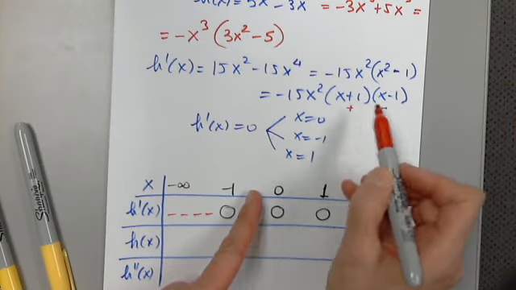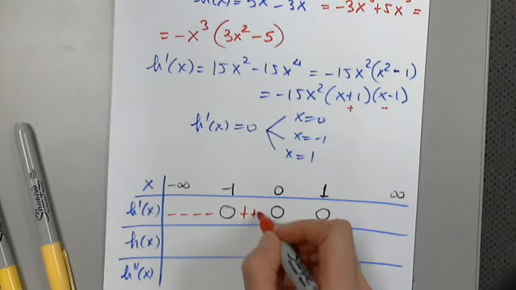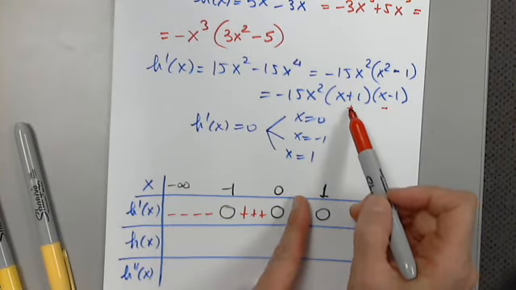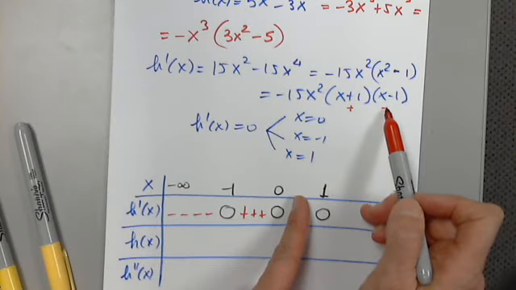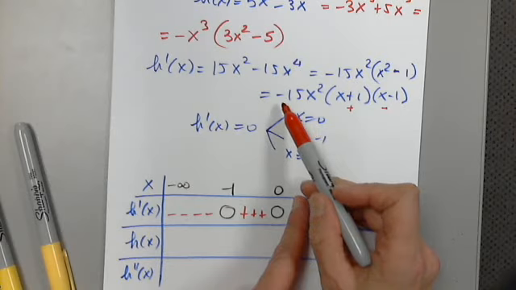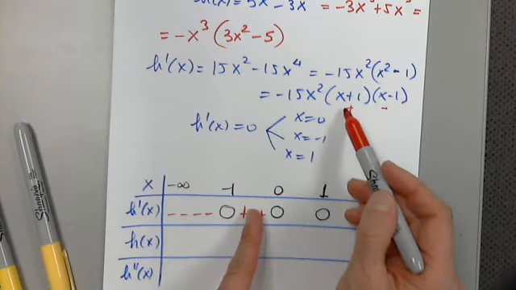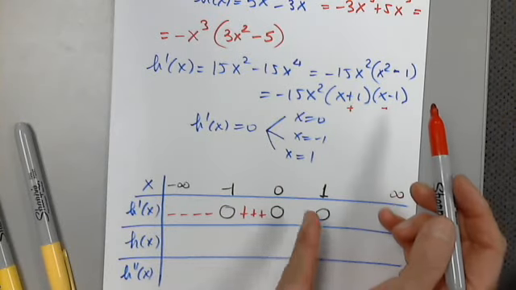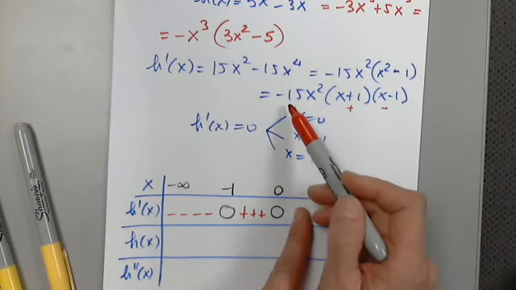Positive, negative, negative. What is the sign? Very good. In here, I have to plug in 0.5. Positive, negative, negative. So one more time, with -0.5, this is positive, this is negative, this is negative. With 0.5, this is positive, this is negative, this is negative.